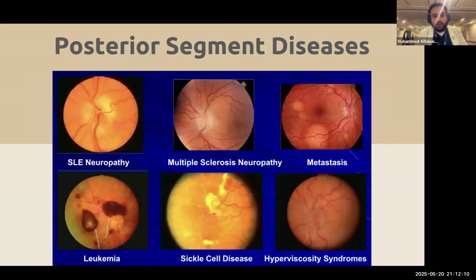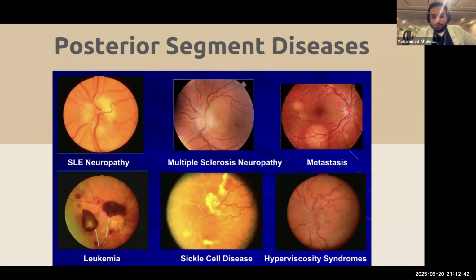Then posterior segment diseases, again, impossible for you to know what the disease is by just looking at the fundoscopy. There's no way. The only one or two or three that maybe will come from here is metastasis, because there's multiple spots. Whenever you have any organ cancer metastasizing anywhere, it will metastasize as multiple spots everywhere. That's how metastasis is. So if it metastasizes to the retina, it will metastasize as multiple spots. Okay.